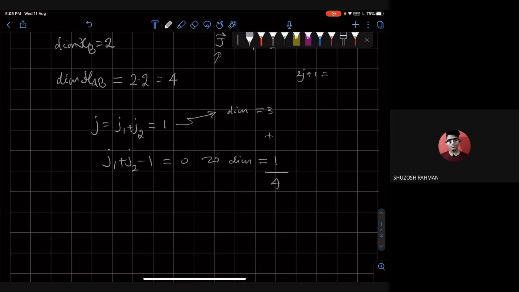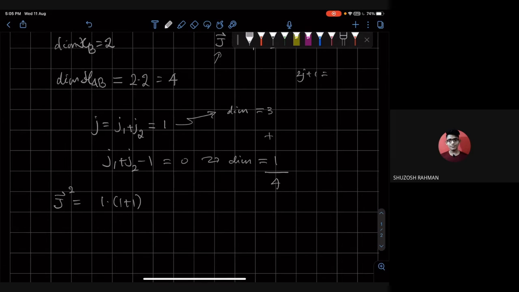Now there'll be 2 multiplets. First, we make the multiplet where the total angular momentum J squared will be 1 times 1 plus 1, right?